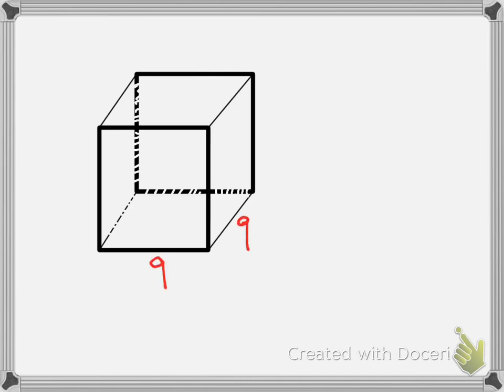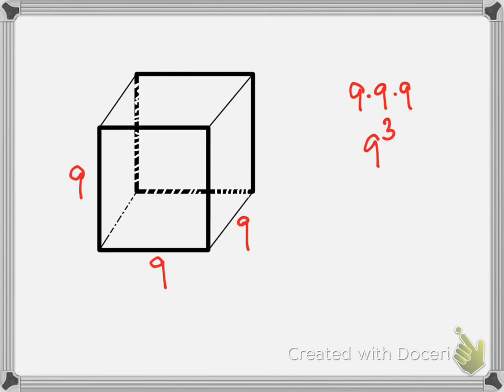I got this side length, that's 9. I got this up length, that's 9. This is 9 times 9 times 9, or 9 cubed, because this is a 3D shape. 3D's cubed, 2D's squared. So that's how we see these.